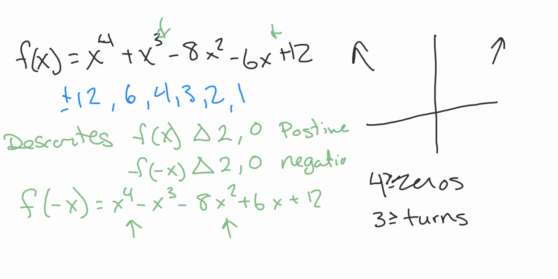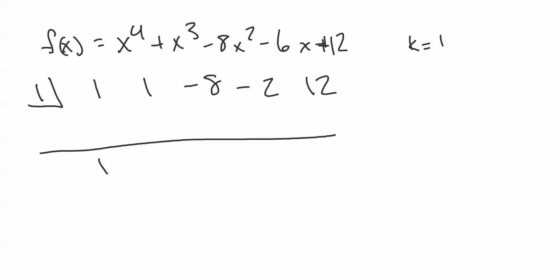So let's just start by checking to see if, let's say, x is 1 is a root. So we're just going to do synthetic division where x is 1. So I've set up synthetic division to check if it's possible for x to be 1, which would mean that x minus 1 is a factor of this polynomial.